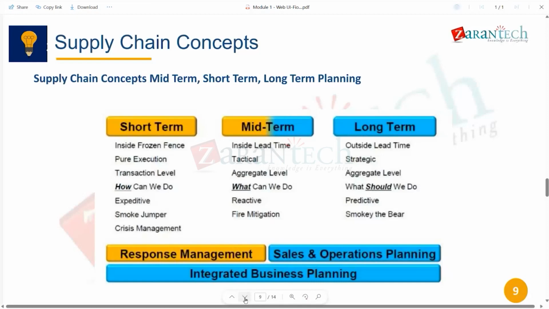But currently in the current scenario, there are no requests for changing anything. So this is the aggregate level decision, and what should we do is the question. So it's basically on the predictive side of the story. So short term and mid term, the response management teams, the operational teams, are always focused on this, and long term is basically sales and operations planning.